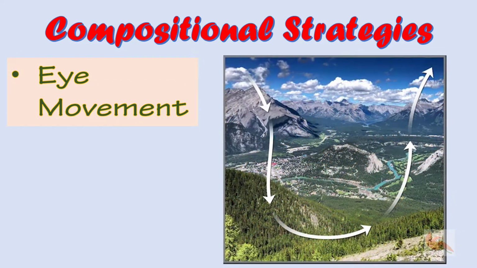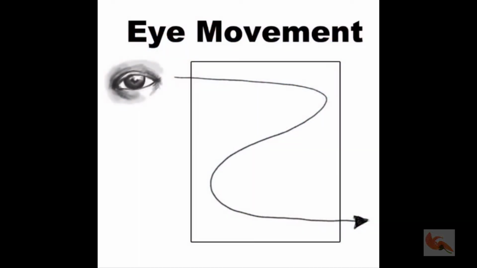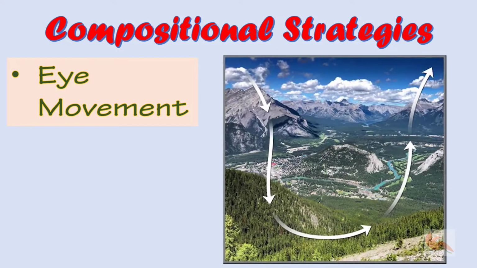Eye movement. As we read, if we read from left to right, let's say, our way of viewing a painting also is generally left to right, and it starts from top and gradually goes to the bottom. In these scenarios, our eyes generally enter a painting through the top left corner, go to the bottom through the left, and then go right from the bottom, and again go up through the right and leave the space from the right top corner.